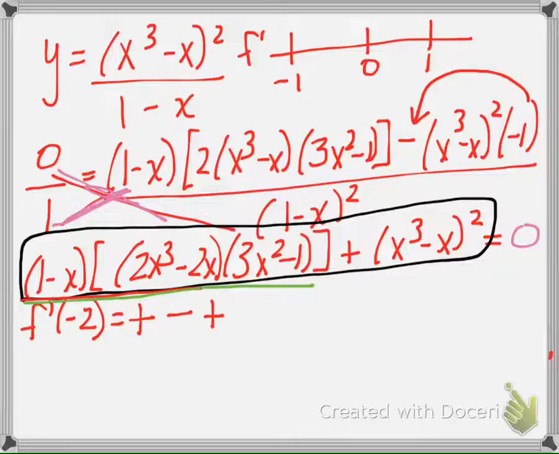Then we have a plus, and this whole second term is always going to be positive because it's to the second power. So we have a positive times negative is negative. Negative times positive is positive.